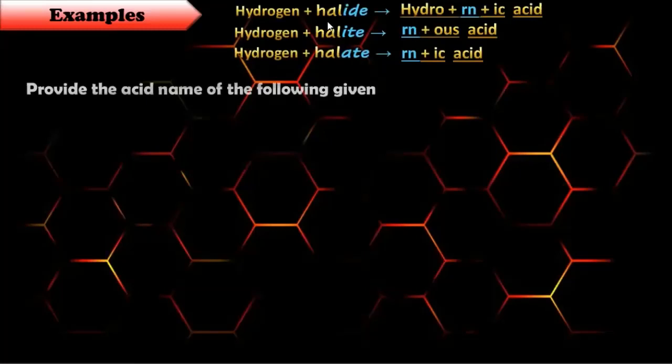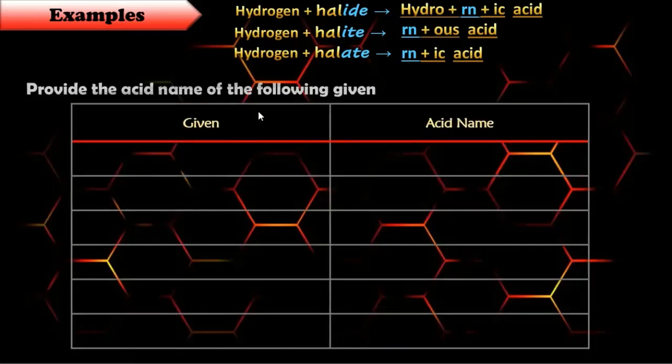Let's have an example, and take note of this formula or format. Provide the acid name of the following. We have here hydrogen hypochlorite. The anion ends with ITE. So the root name of hypochlorite is hypochlor.